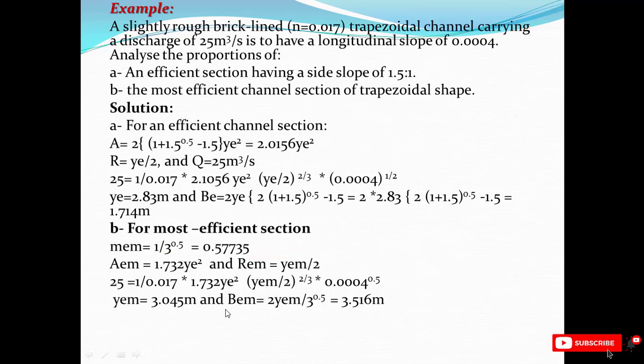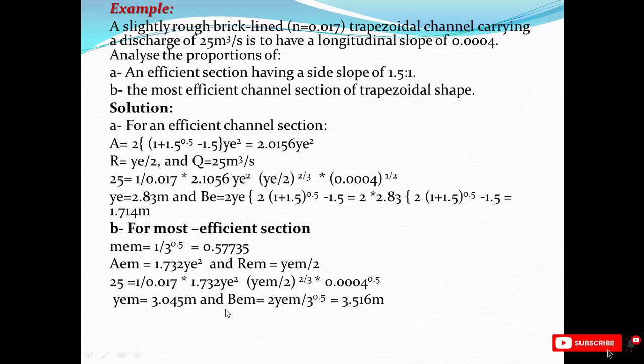We have an example: a slightly rough brick-lined trapezoidal channel, n is equal to 0.017, carrying a discharge of 25 meter cubed per second, is to have a longitudinal slope of 0.0004. Analyze the proportion of an efficient channel with side slope 1.5. Second, for most efficient.